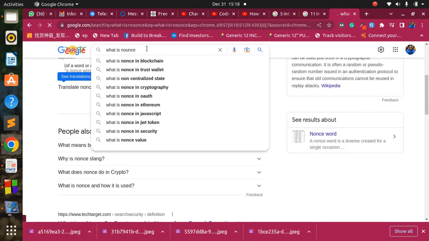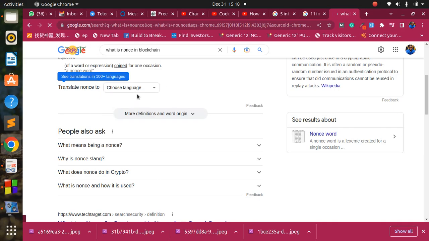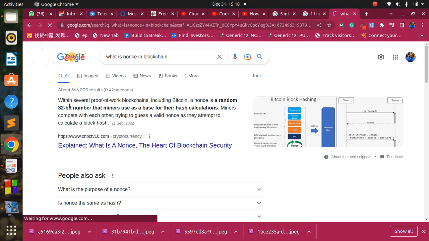So let's see what is nonce in blockchain. Within several proof of work blockchains, including Bitcoin, a nonce is a random 32-bit number that miners use as a base for their hash calculations.